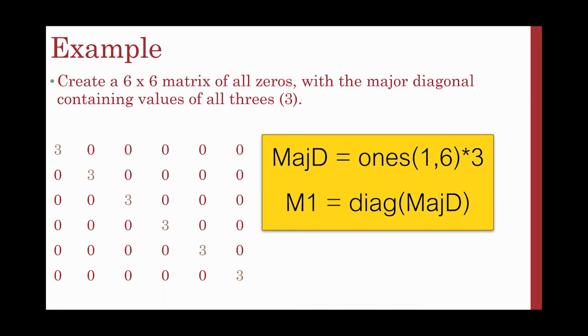Then I'm going to use the diag function to just extract the diagonal and set all the other values to 0. So while you can only fill a matrix with the value of 1s, you can always multiply by a scalar.